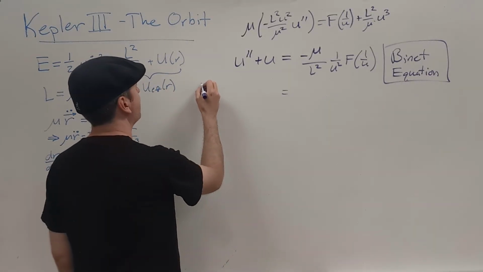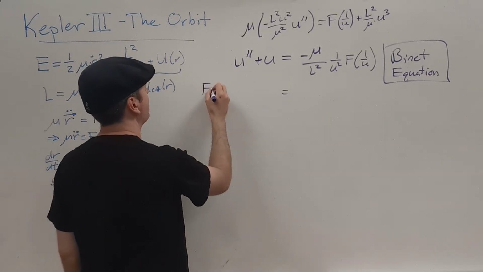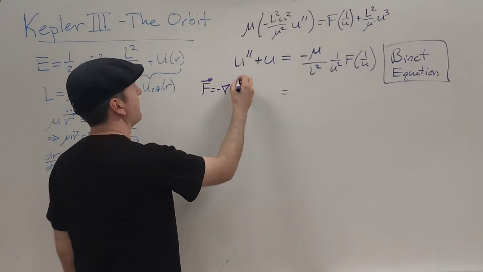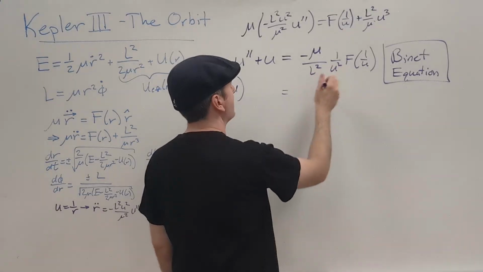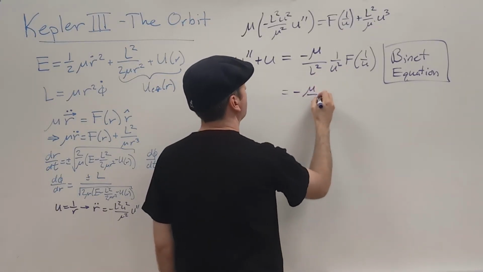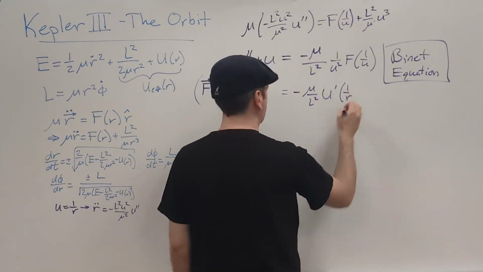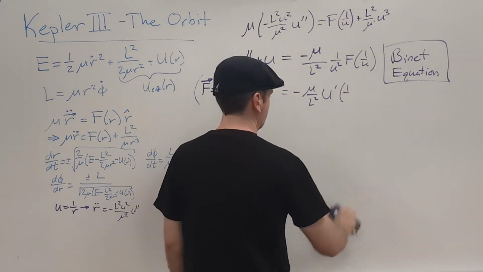So if we use the fact that f is minus the gradient of the potential, as a side note, we can actually reduce this still further to just U prime of 1 over u.